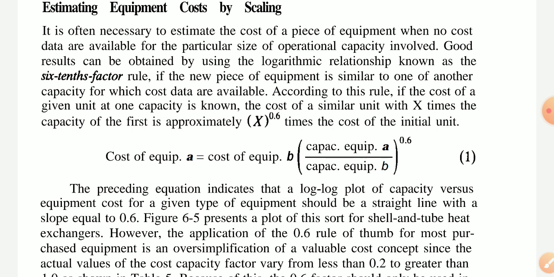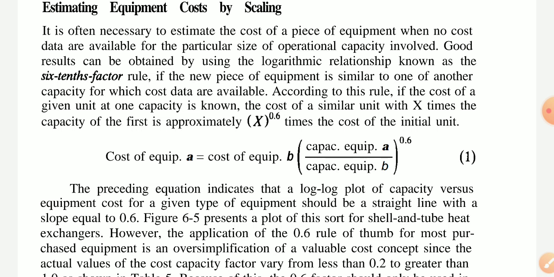It is often necessary to estimate the cost of a piece of equipment when no cost data are available for the particular size of operational capacity involved. A good result can be obtained by using the logarithmic relationship known as the six-tenths factor rule.